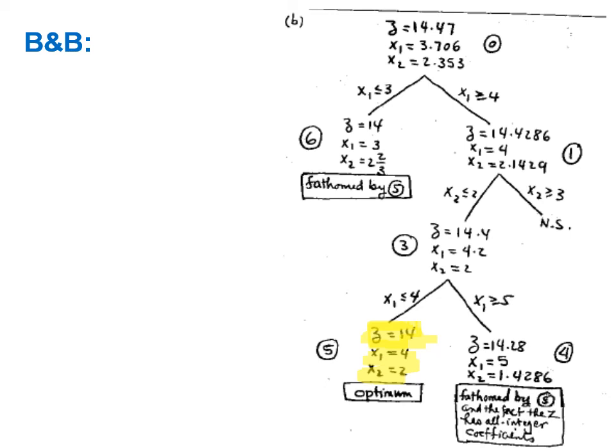So as I said, depending on your choices, you may have a different shape of branch and bound tree. If that's the case, please try this version as well by yourself. Try to branch on x1 first and then continue in this way, and let's see if you can find the same solution or not. So this is the solution.